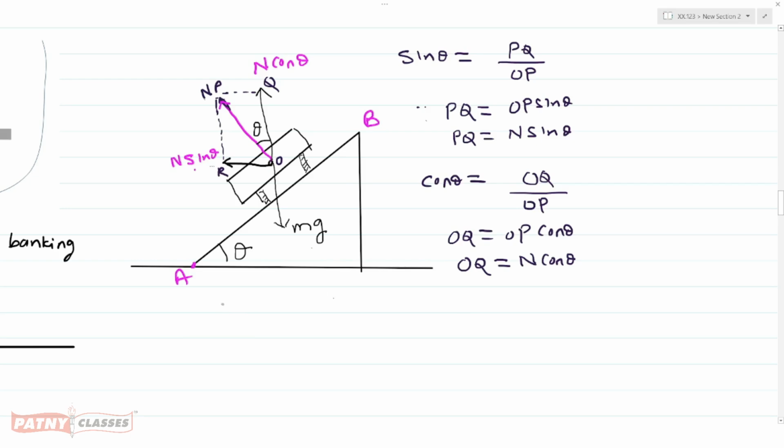Here the vertical component N cos theta is balanced by the weight of the body, so N cos theta equals mg, call it equation 1. The horizontal component N sin theta is balanced by the centripetal force, mv square upon r, call it equation 2.